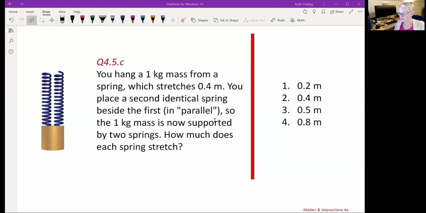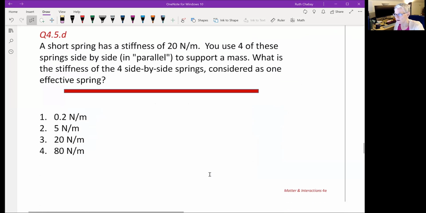Okay, great job. You're on top of it. So now that each spring has to support only half of the mass, each spring only stretches half as much, and so the total stretch of this object is half as much.